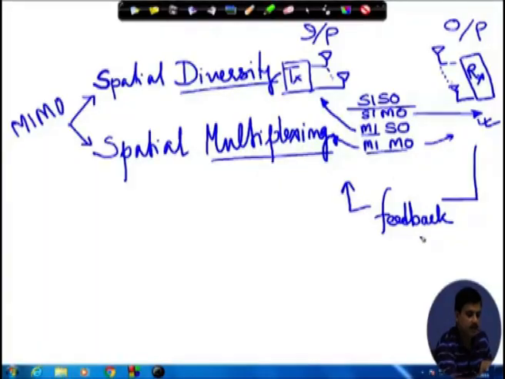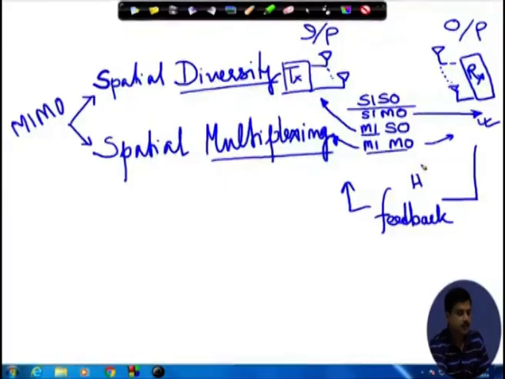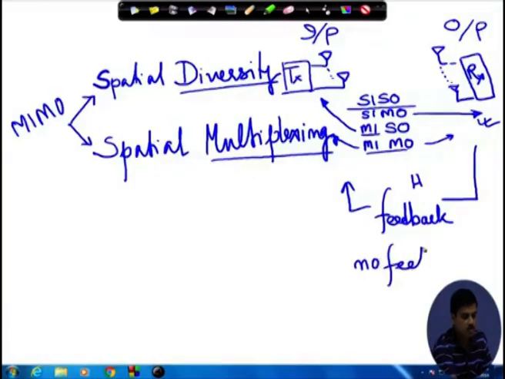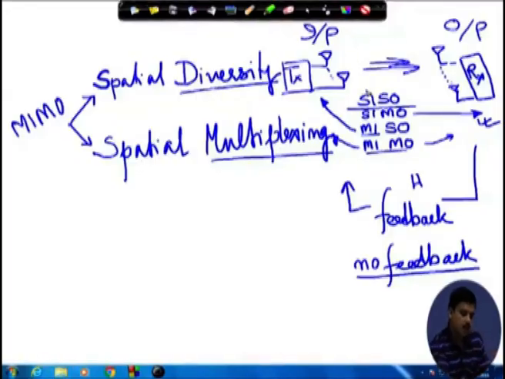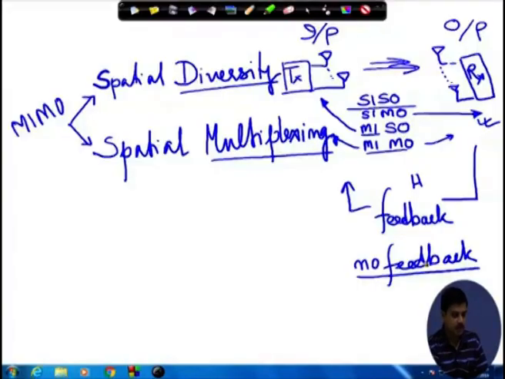That means H, information related to H, has to be fed back. There could be another mode of operation with no feedback, and this is very interesting, because when there is no feedback, you can keep on transmitting without waiting to get the channel information at the transmitter. Our aim would be to cover these different aspects of communication.